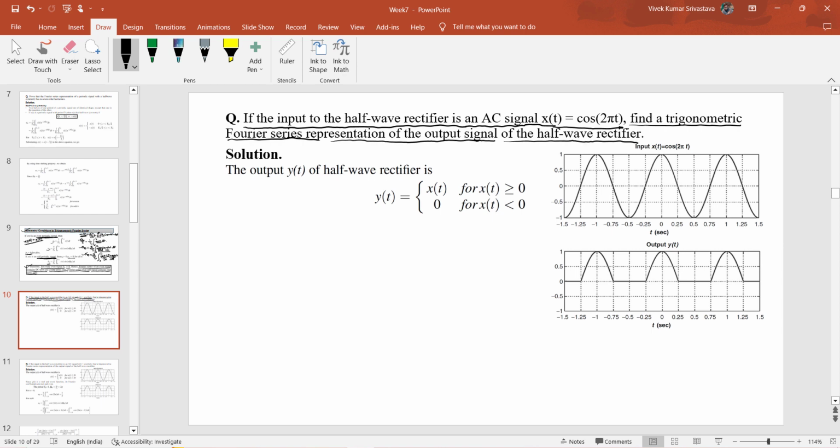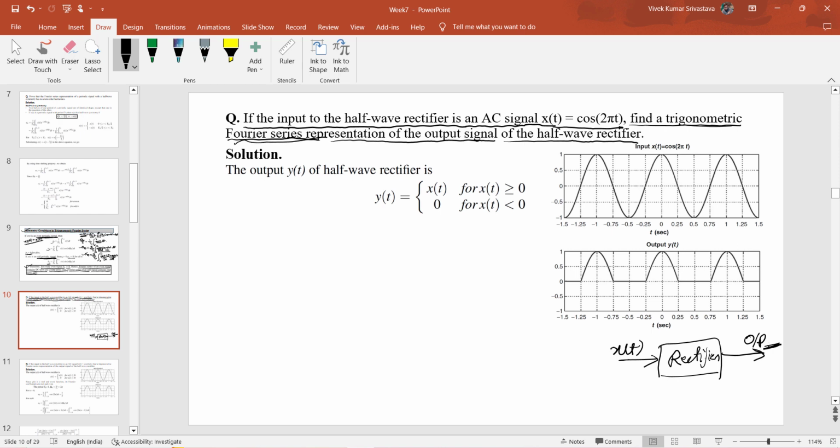Here suppose the input signal is x of t, which is nothing but cos of 2 pi t. Now we are applying this x of t to a rectifier, and whatever output we get, we have to represent it as the corresponding trigonometric Fourier series.